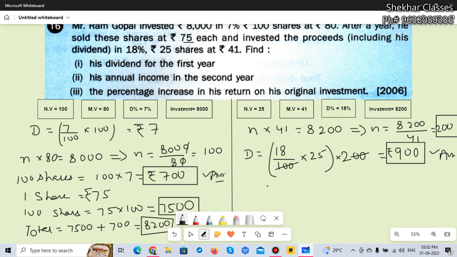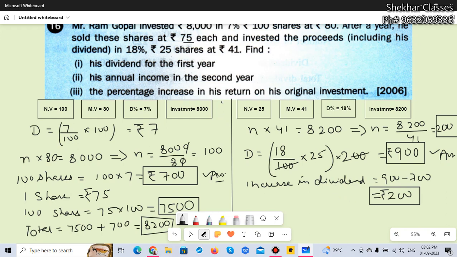Is he getting more? Yes. How much? So increase in dividend is equal to 900 minus 700, which is 200 rupees. This is the increase in the dividend here, right?